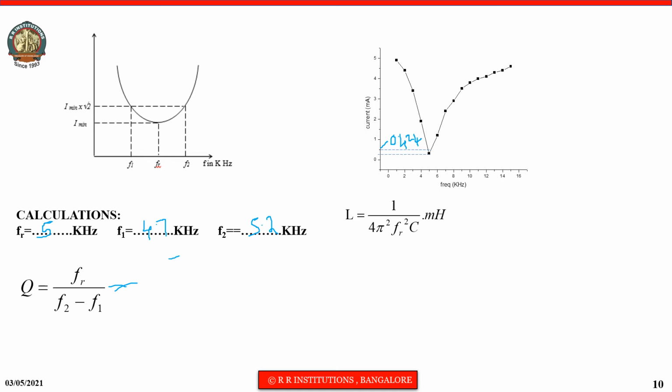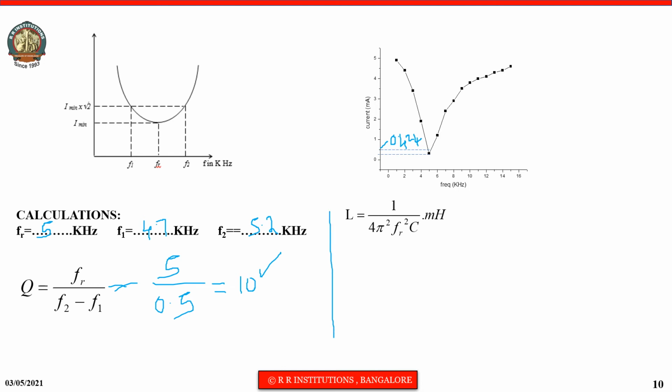Fr is 5 divided by f2 minus f1. f2 minus f1 is 5.2 minus 4.7, it is 0.5. So 5 divided by 0.5 is 10. So this is the quality factor for the parallel circuit.